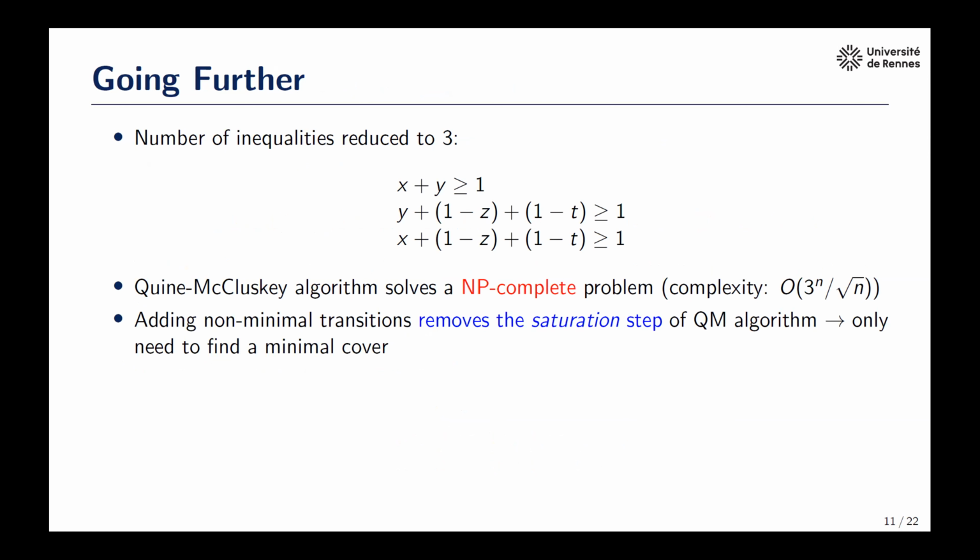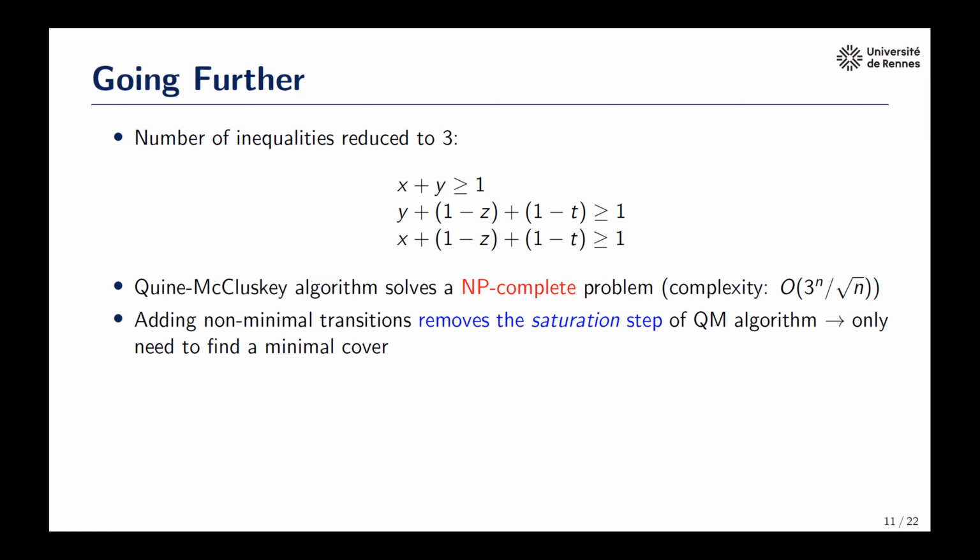But if you use the property I mentioned before, you can completely remove the saturation step of the Quinn-McCluskey algorithm because it combines very nicely with it, and you directly obtain all the vector spaces of impossible values. And so you just need to find a minimal cover. And so it's much easier.